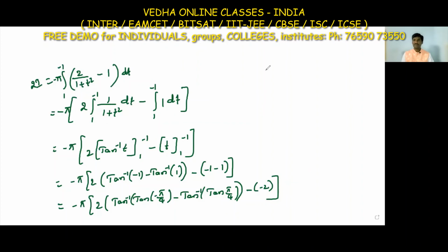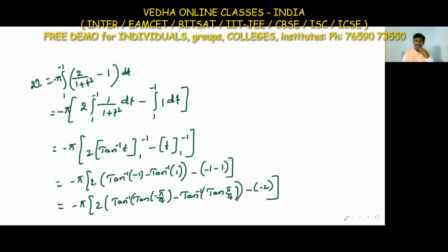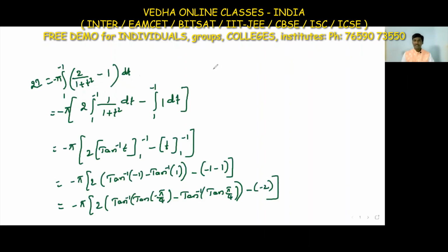This is the value of 2I. So 2I is equal to minus pi, the coefficient written outside, and after that 2 into tan inverse gets cancelled, minus pi by 4, tan inverse cancel, minus pi by 4. So 2 into minus pi by 4 minus pi by 4 we get.